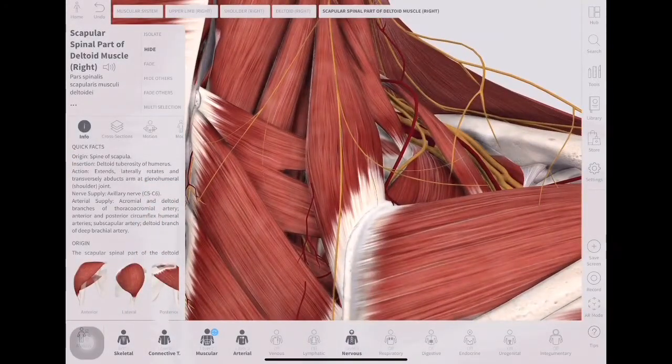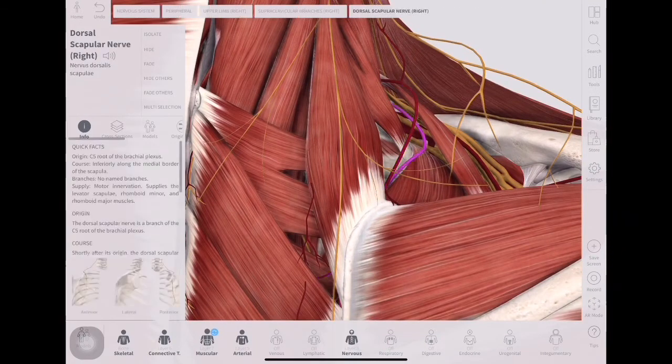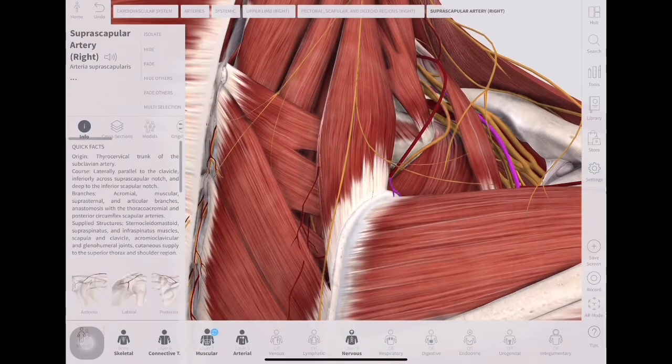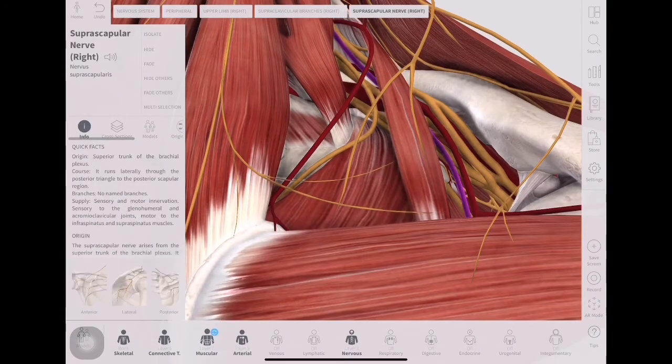Using forceps, let's identify the structures derived from the brachial plexus. The dorsal scapular nerve from the brachial plexus's C5 root supplies the axioscapular muscles. Also showing our suprascapular nerve from the superior trunk.